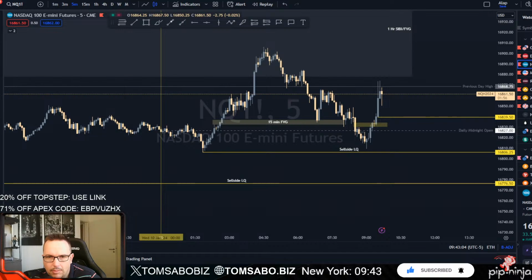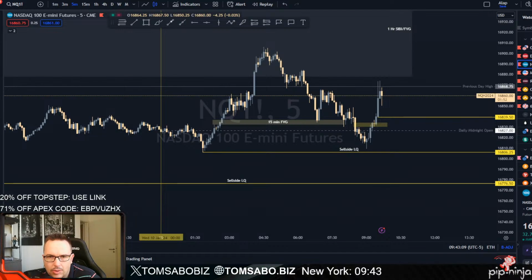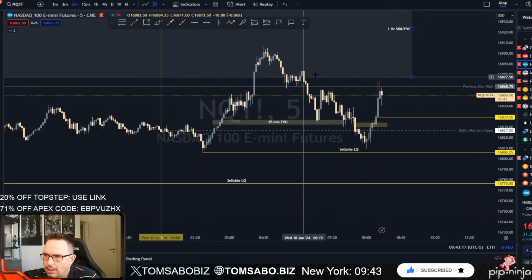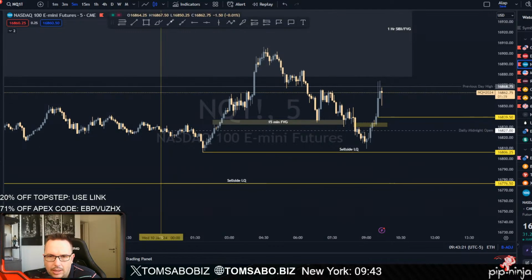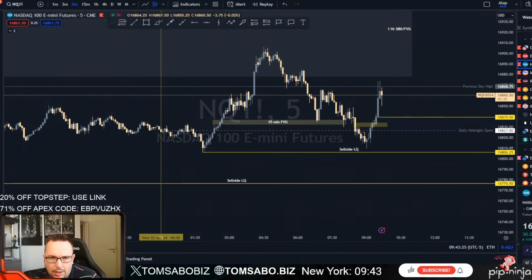But my finger is on the button. I might close it. If ES keeps pumping higher, NQ is going to follow. That's my theory, and that's why I took a buy at 63. Only micros, so no big deal.